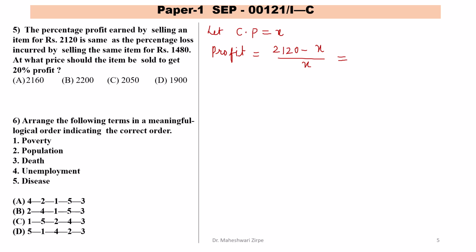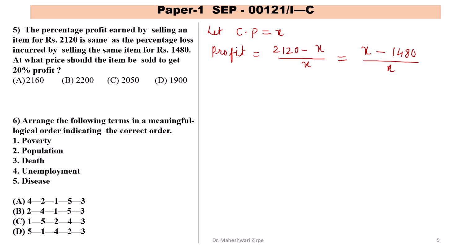So let us see for loss: the cost price minus the selling price, the selling price being 1480, upon the cost price. This way you get a relationship between the initial profit and the loss, so they should be equal.